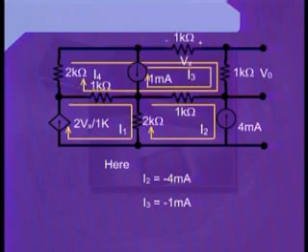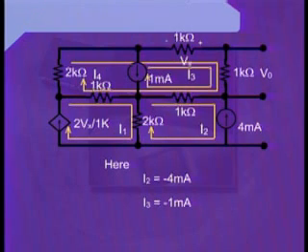Further we can see that the direction of the two currents, that is I2, and the direction of the current which is being provided by the independent current source are opposite to each other. Therefore, we can write I2 is equal to minus 4 milliamps.